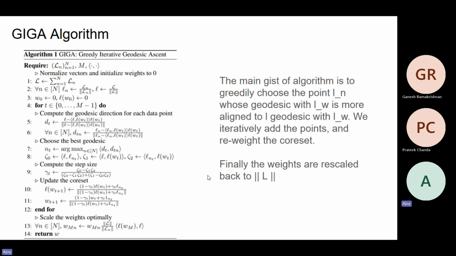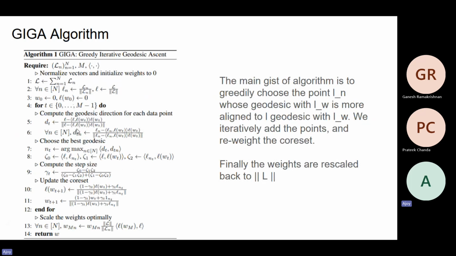And now we come to the main algorithm, which is the greedy iterative geodesic ascent, in which we first normalize the likelihood vectors and initialize the weights to 0, and compute the geodesic direction for each data point.